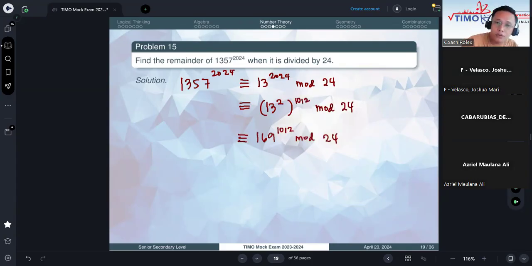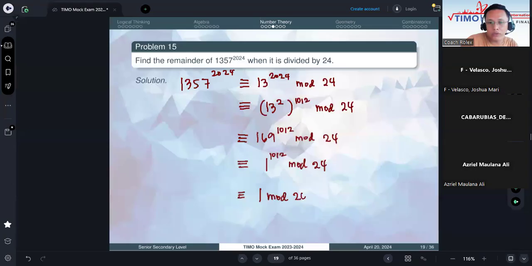So 169 is 1 modulo 24, so 1 to the 1012 is of course 1 modulo 24. So the answer is 1. Any question for this? Okay, I guess this is very easy now.